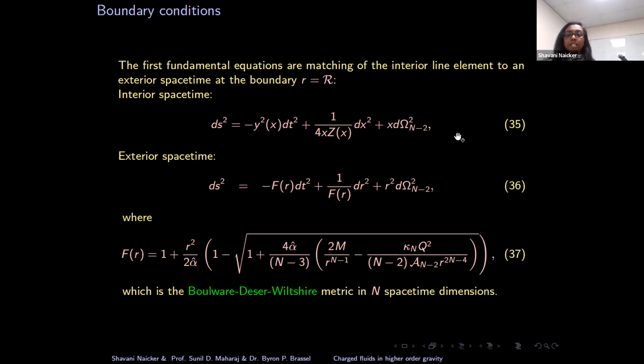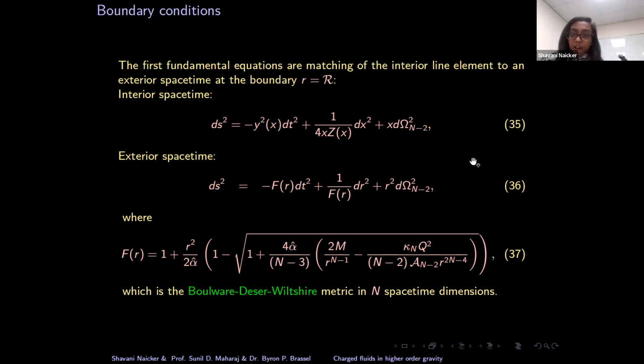The interior space-time is defined by equation 35 in terms of the new variables x, y, and z. And the exterior space-time is defined by equation 36. Now, this is the Boulware-Deser metric in n space-time dimensions with capital F defined in equation 37.